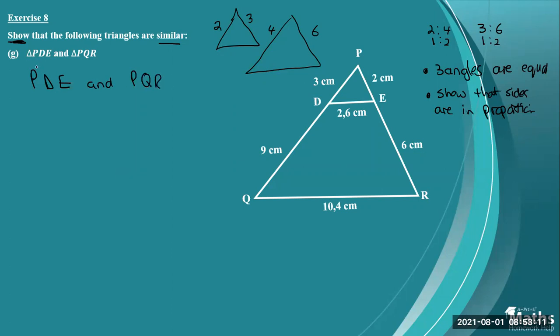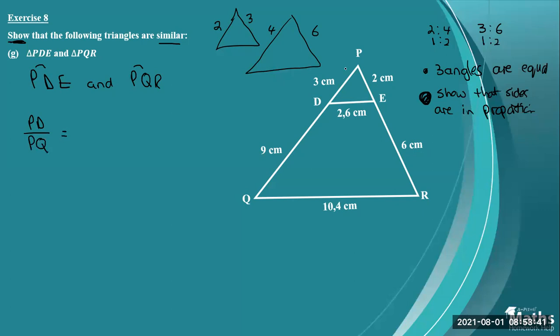So the ratios that we are going to analyze would be PD. You see, I'm not proving anything at the moment. I'm not proving that it's similar. I'm going to prove that the ratios, that the sides are in equal ratios, or in equal proportion. Same thing. PD on top of PQ.